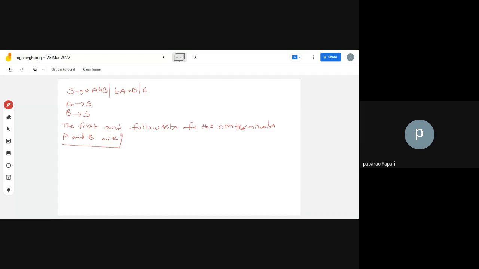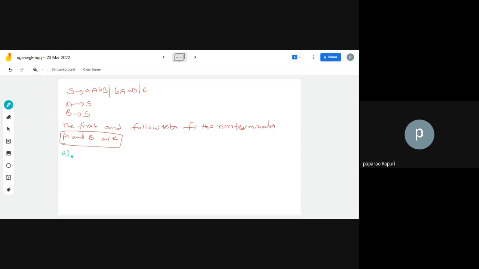Sir, here in the question, he's asking only the first and follow for the non-terminals A and B, not asking for S. So at the time of writing, we can add a dollar for the S. But in this question, he's asking only the non-terminals A and B, first set and follow set of A and B. Okay, we'll see.